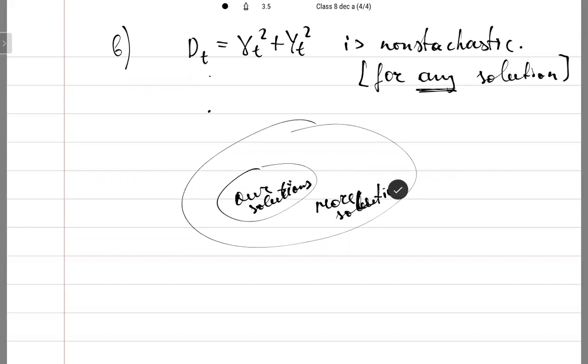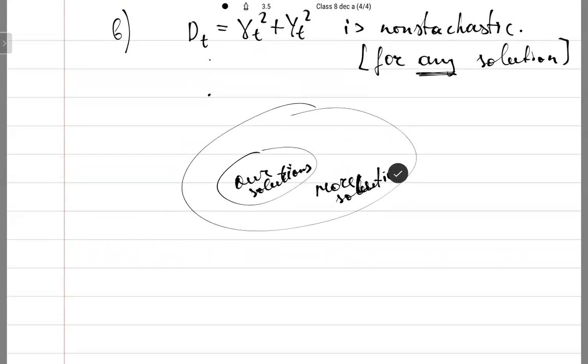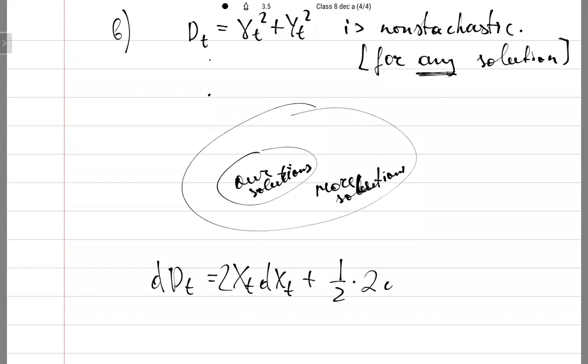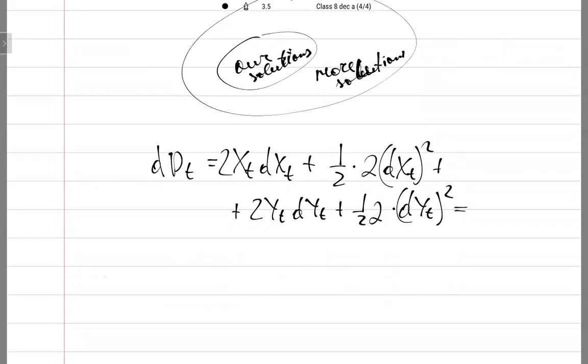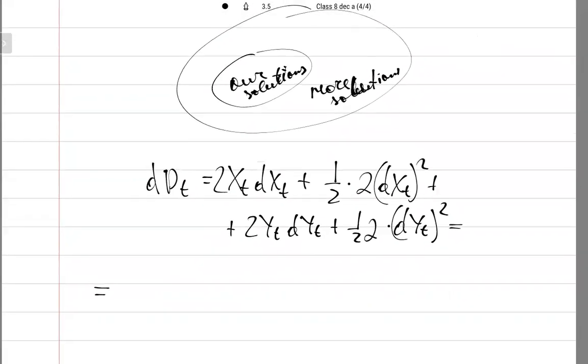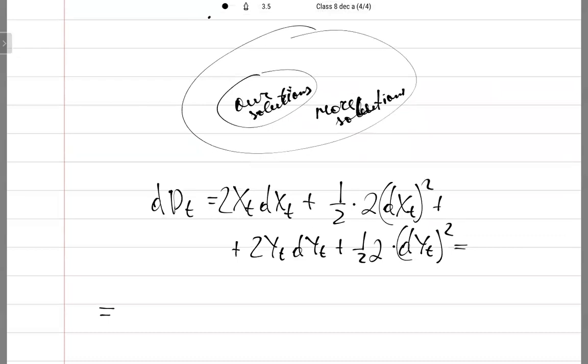Now we just calculate the differential of dt. It is xt dxt plus the second derivative: 1 over 2 times 2 times dxt squared plus 2 dyt dt dyt plus 1 over 2 times 2 times dyt squared. What tool do we use to find dt?